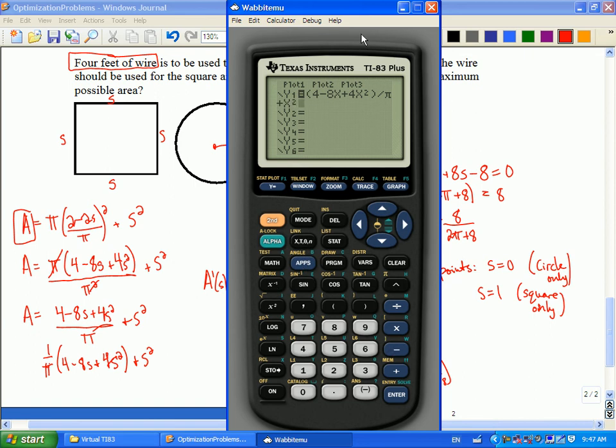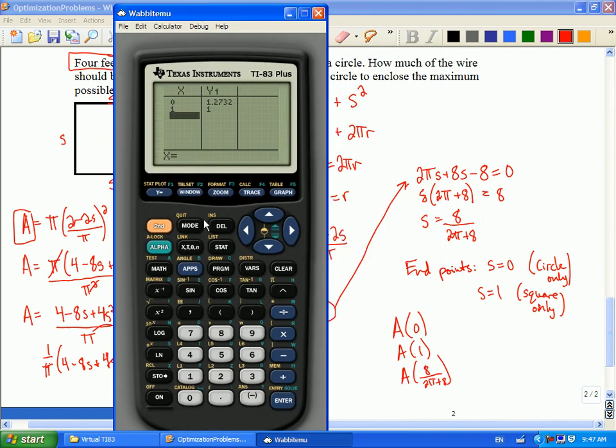So that's what I'm trying to maximize, and I'm using my extreme value theorem to find out where that maximum is. It's either the critical point or it happens at the endpoints. So if I use the table method, we want to check it out at 0, at 1. Those are the endpoints. And the other value here, which is 8 over 2 pi plus 8.